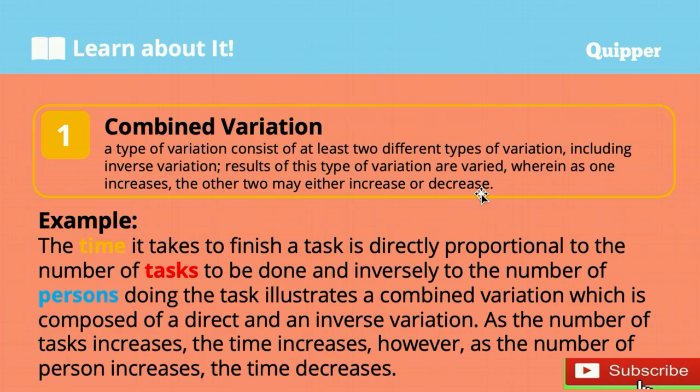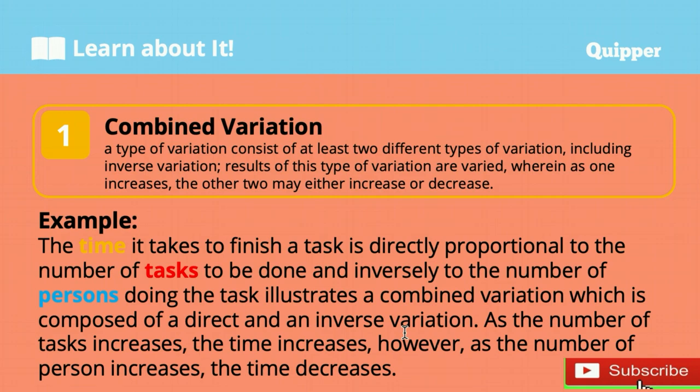For example, the time it takes to finish a task is directly proportional to the number of tasks to be done, and it is inversely proportional to the number of persons doing the task. This illustrates a combined variation which is composed of direct proportion and inverse proportion. Of course, if you're given more tasks, you really need more time.